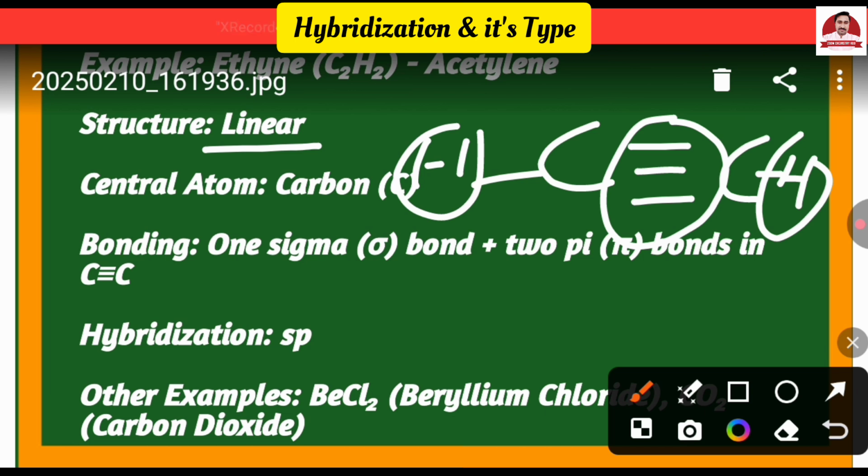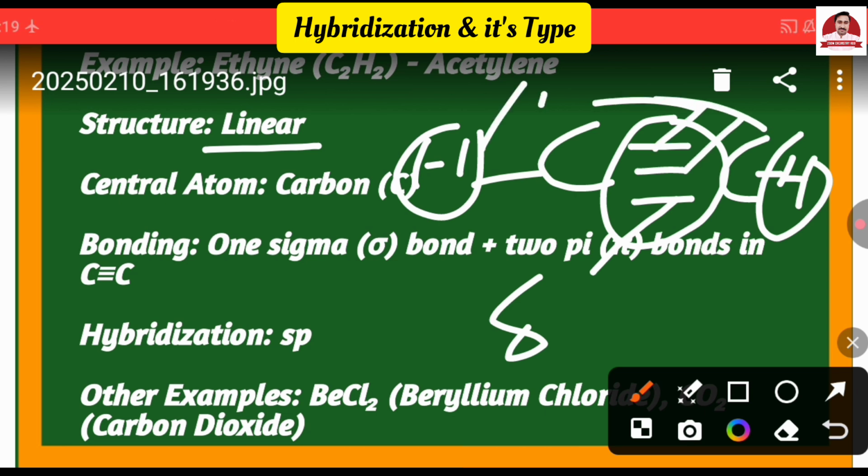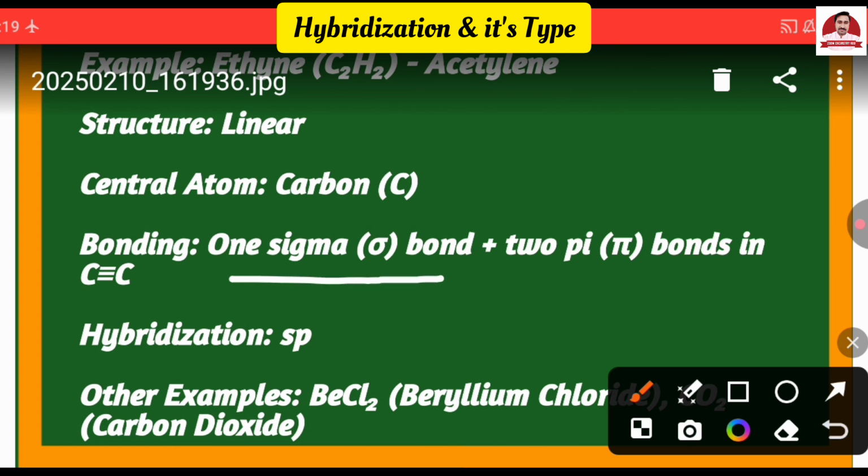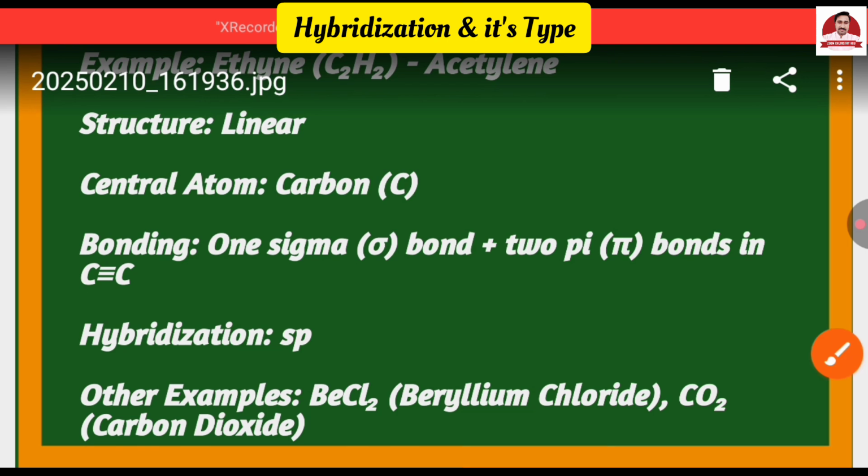One bond is sigma and two unhybridized orbitals contain pi bonds. So one sigma bond is present in the triple bond and two pi bonds. Other examples of sp hybridization are BeCl2 and carbon dioxide. These are inorganic molecules.